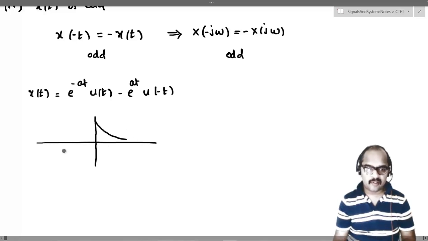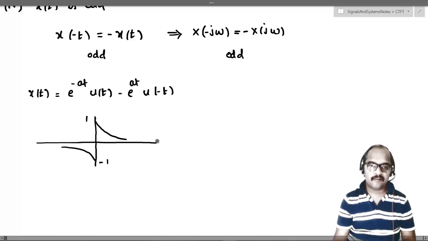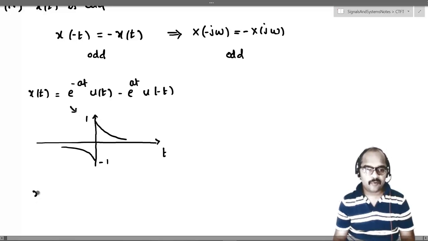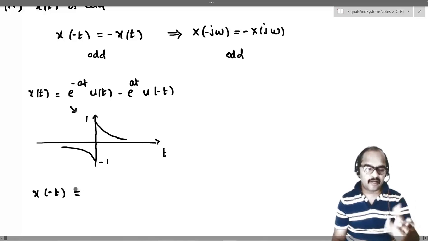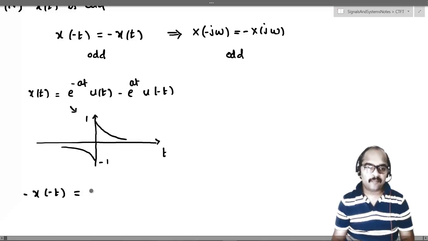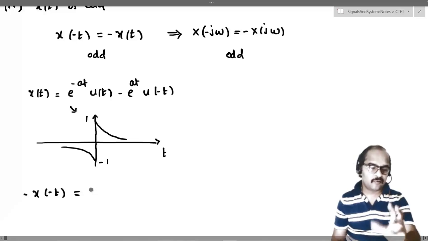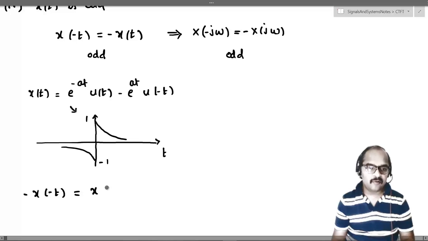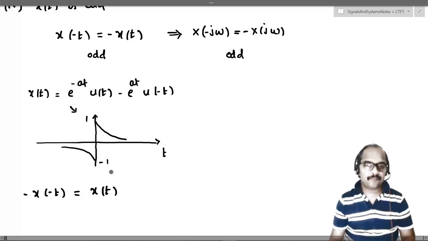So the plot of the signal will look like this, and clearly you can see that this is an odd signal. Why? We can prove that x of minus t means you rotate the signal along the y-axis by 180 degrees and multiply with -1. If you multiply with -1, you will get back the signal. So clearly the signal is odd.